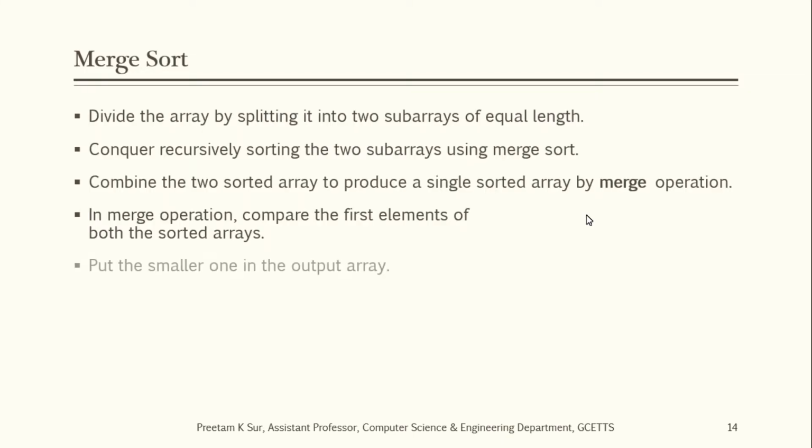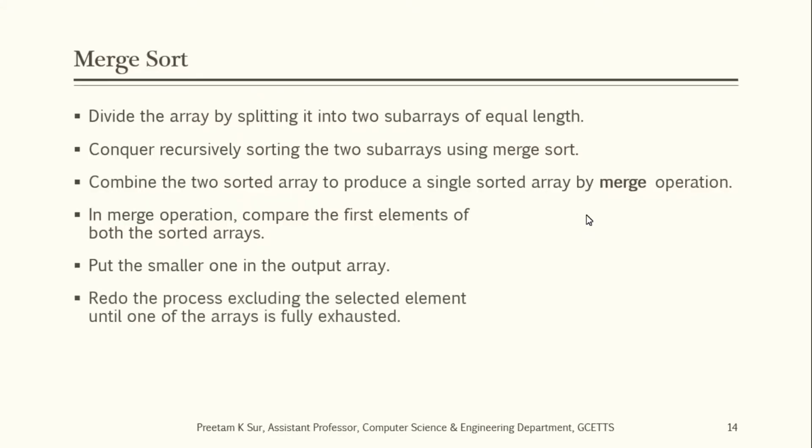Whichever is smaller, we put that into the output array. Next we redo the process excluding the selected element until one of the arrays is fully exhausted.